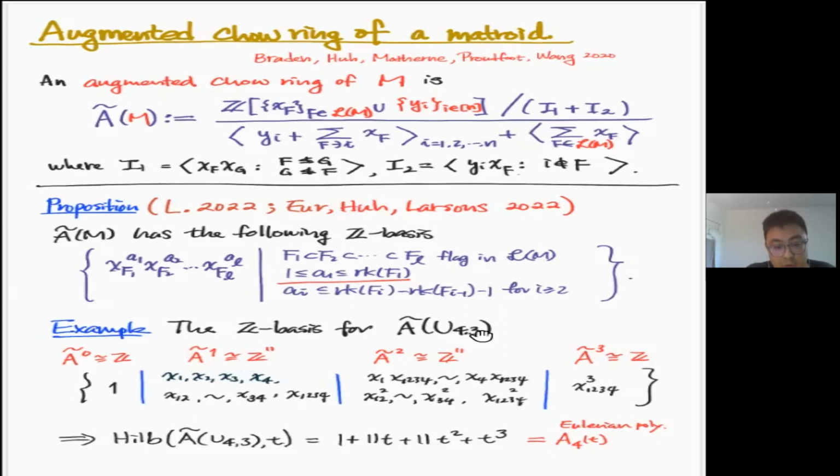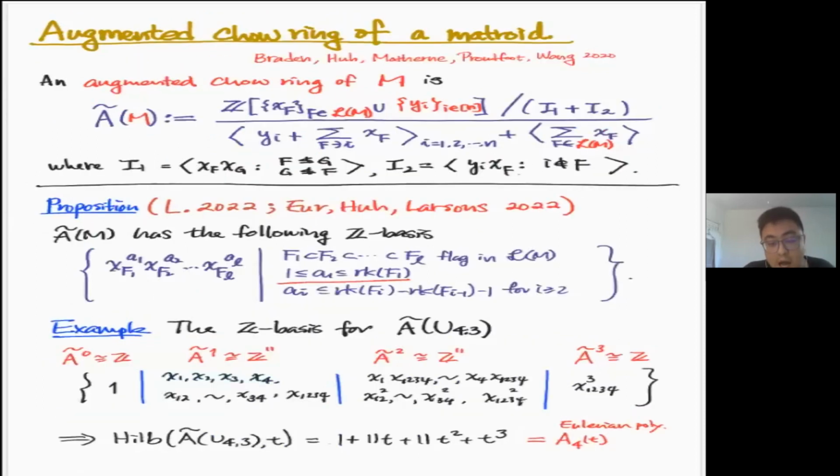When your matroid M is a uniform matroid, these are the basis elements we have. If you compute the cardinality in each degree, it is 1, 11, 11, 1. This gives you the Hilbert series of the augmented Chow ring of the uniform matroid, which is actually the q-Eulerian polynomial when n equals 4.